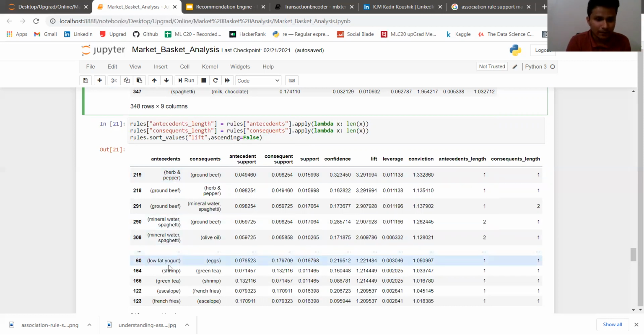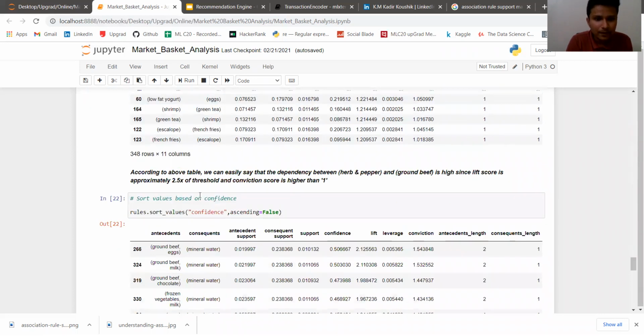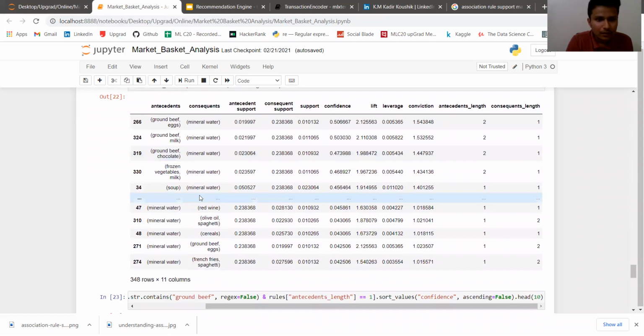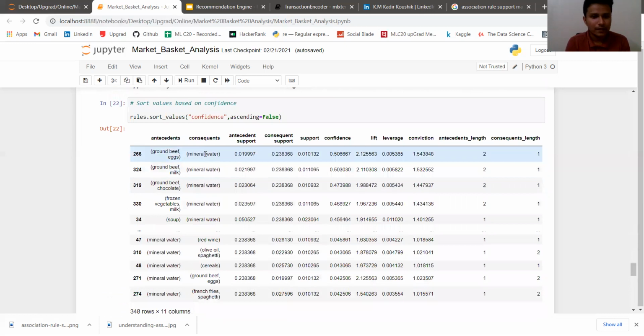For example, here we can say if a person buys ground beef and chocolate, the person will likely also buy mineral water. Or if a person buys ground beef or milk, the person is likely to buy mineral water, right?